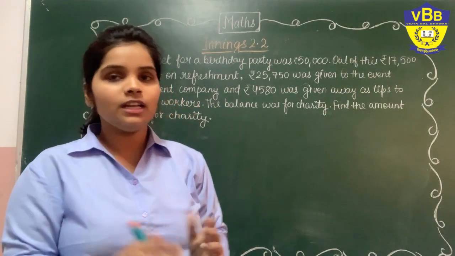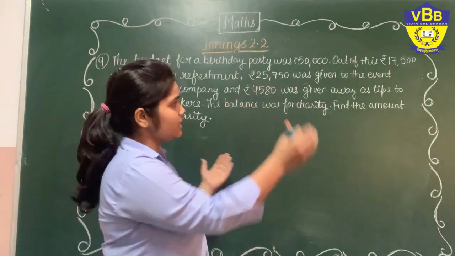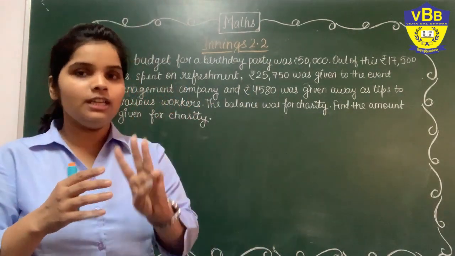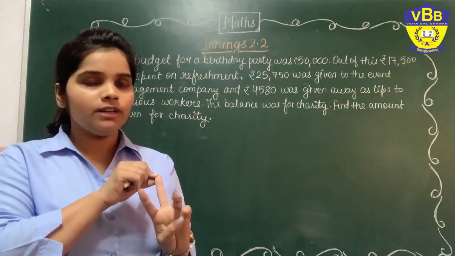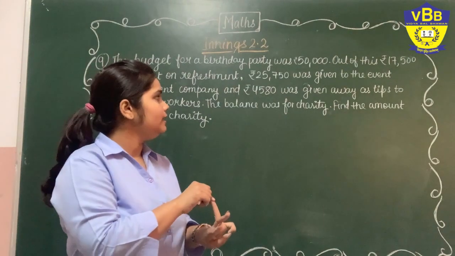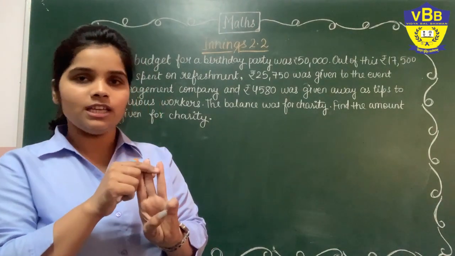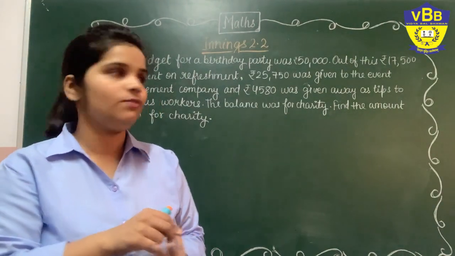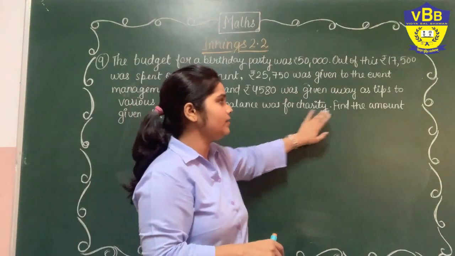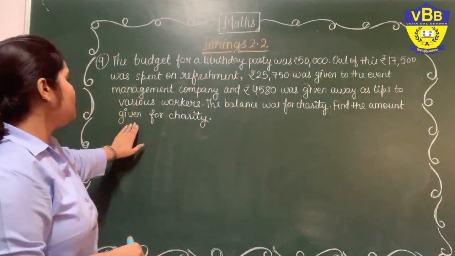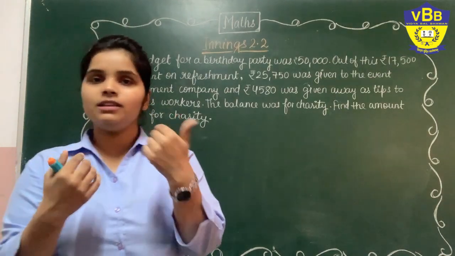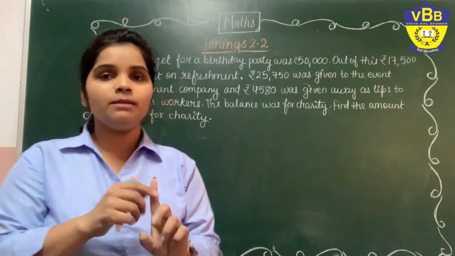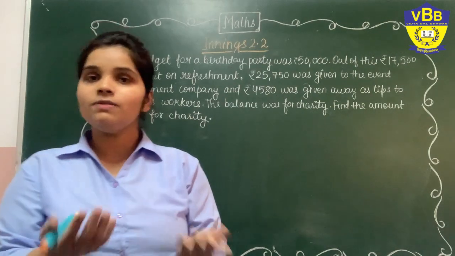The balance we are left with after these 3 expenses, like refreshment, fees for the event management company and the tips, is given for the charity. Now, find out the amount given for charity. The balance we are left with is given to the charity, so we need to find the balance we are left with.